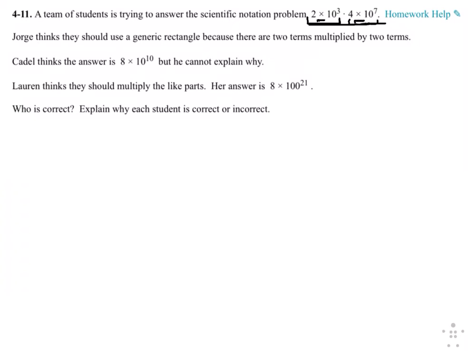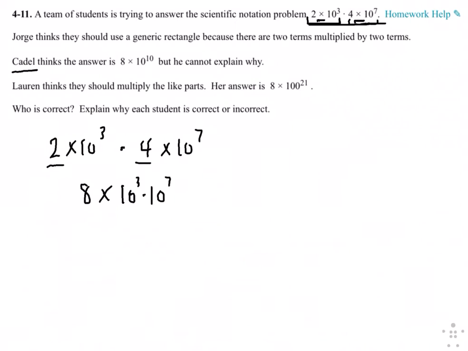Cadell, or this person, thinks the answer is 8 times 10 to the 10th, but he can't explain why. So if I have 2 times 10 to the 3rd, right, and I'm multiplying that by 4 times 10 to the 7th, right, I would multiply the 2 and the 4 and get 8, and I'd multiply the powers of 10, right, 10 to the 3rd times 10 to the 7th, right?